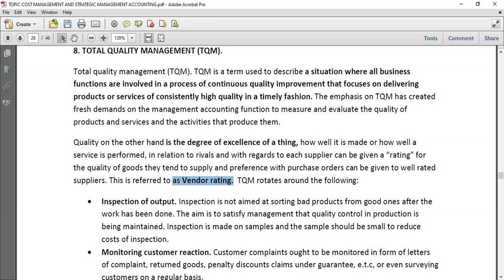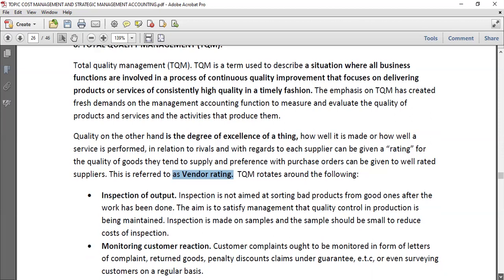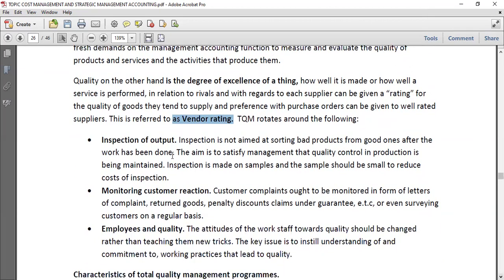So TQM revolves around the following. TQM inspects the output, basically what we have produced, to ensure that it meets our different control criteria, okay? So we're able to check and see if we are producing water, to make sure that the water is labeled rightly. There's no deformation of the water bottles, okay? They can open very well.